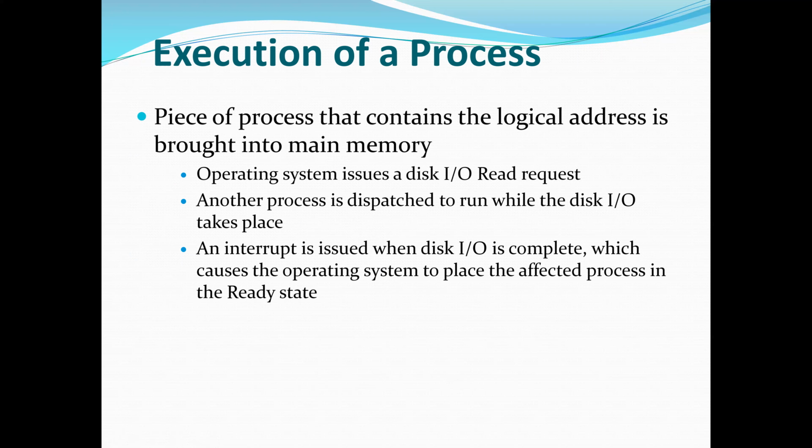After the I/O request has been issued, the operating system can dispatch another process to run while the disk I/O is performed. Once the desired piece has been brought into main memory, an I/O interrupt is issued, giving control back to the operating system, which places the affected process back into the ready state.